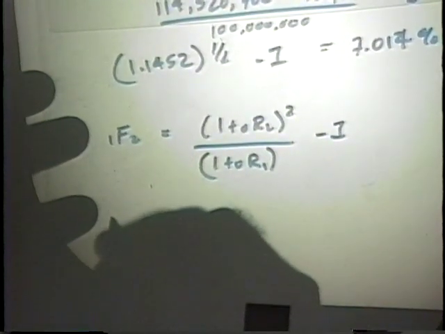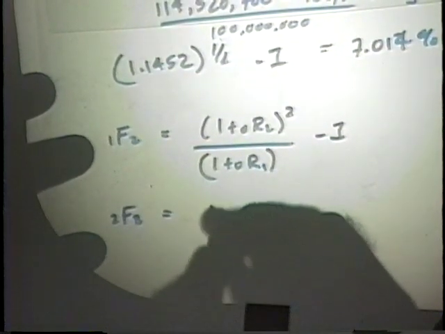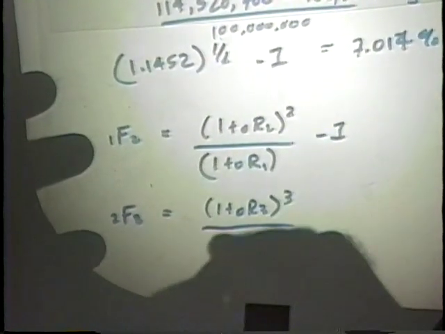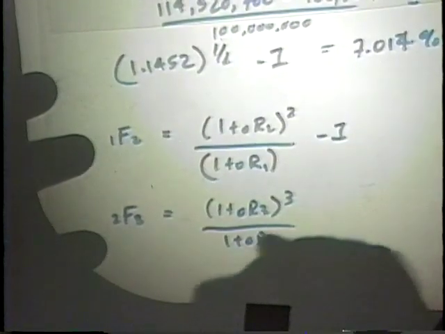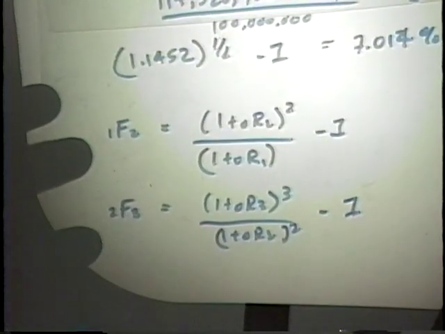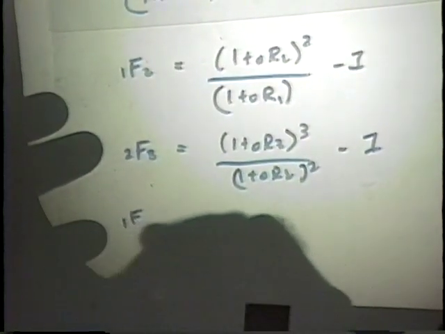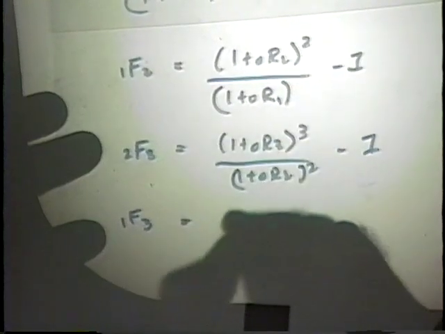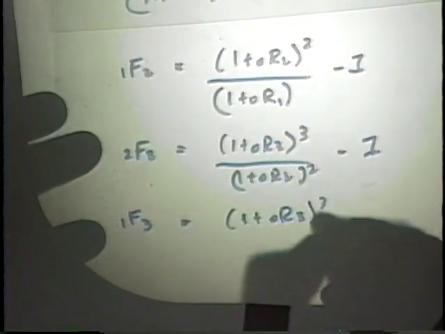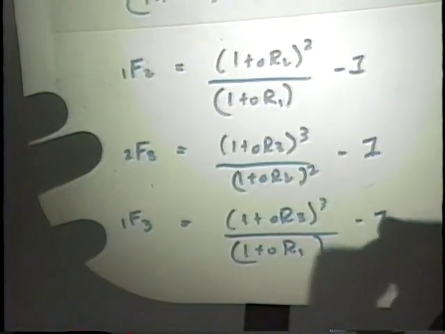The formula for 2F3 is (1 plus 0R3 cubed) divided by (1 plus 0R2 squared), minus 1. And the formula for 1F3 is (1 plus 0R3 cubed) divided by (1 plus 0R1), minus 1.